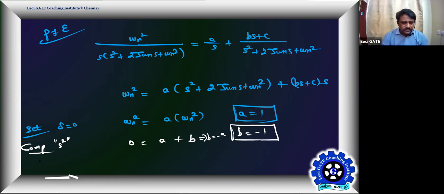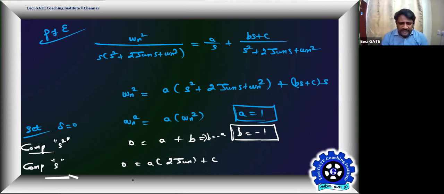Okay, then compare finally the coefficients of s terms. The left side has no s term. On the right side, A into 2 zeta omega n is an s term. Another s term is C into s, correct?